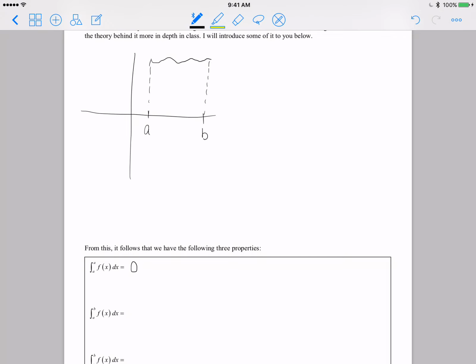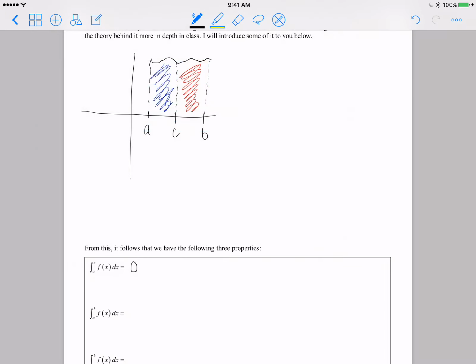The second property is what's called an additive property of definite integrals. What that basically means is that if I put a point in between a and b on here and call it c, then we have the area from a to c, which is right here, plus the area from c to b, which is right here, is really just equal to the entire area from a to b.